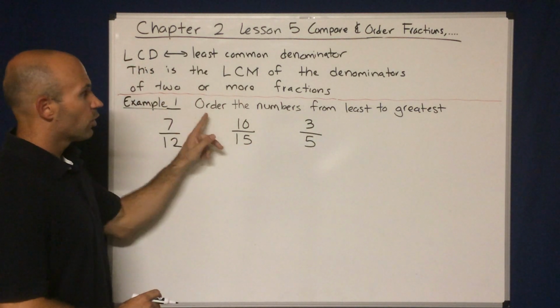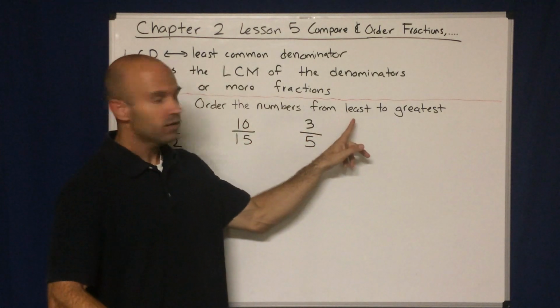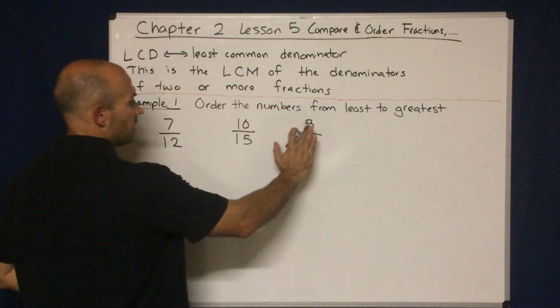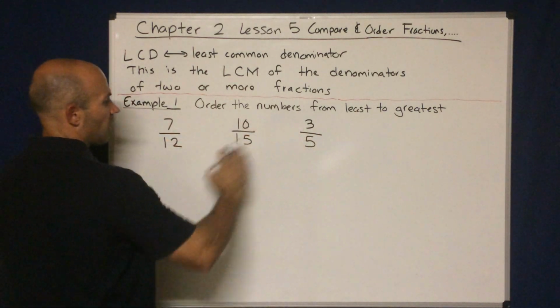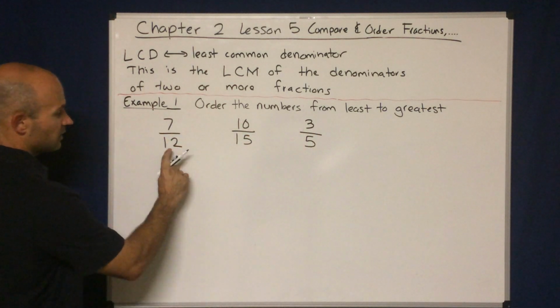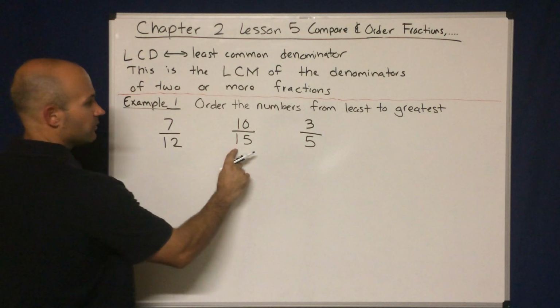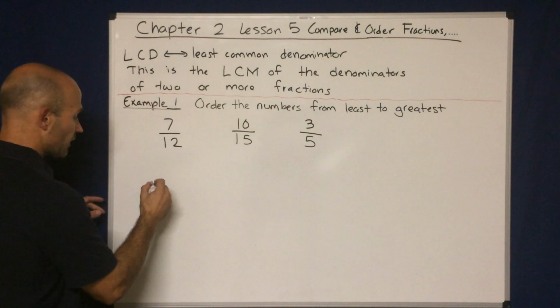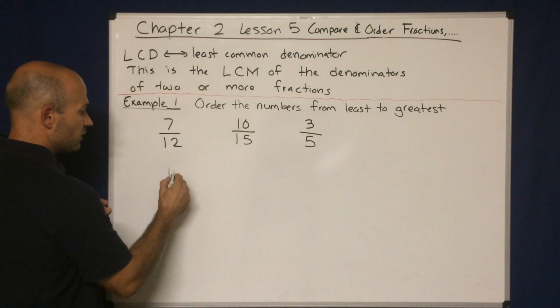So first example, order the numbers from least or smallest to greatest. So right now I'll begin by finding the least common denominator. That means I need to find the least common multiple of 12, 15, and 5. How we do that, and again, if you have to go back and review, that's fine, we build these factor trees.